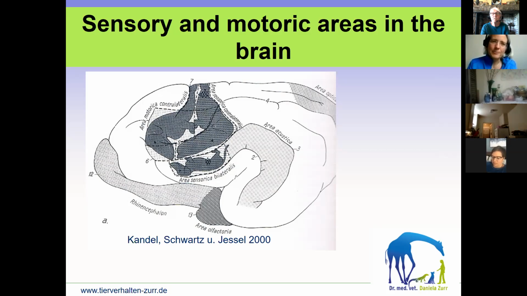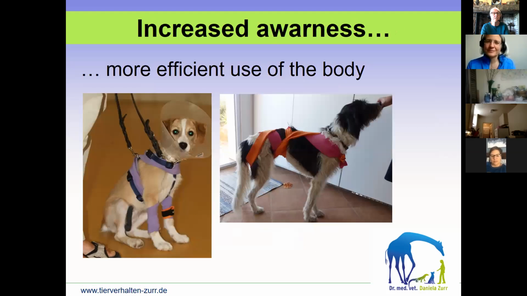So helping bring more sensory awareness with body wraps and TTouch in these, let's say, underrepresented areas of the body can be really helpful in any kind of orthopedic or neurologic disease. Because if there's only a little bit of awareness, if we add a little bit more, it can already make a very big difference.